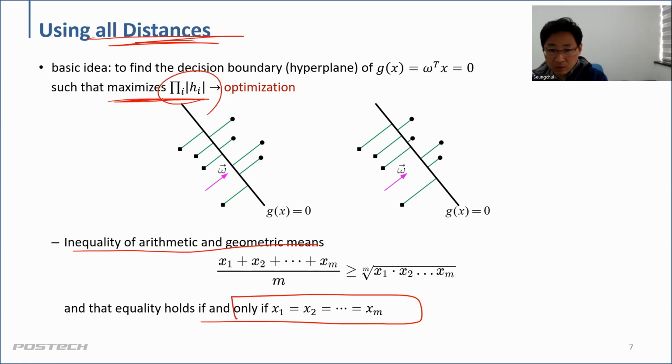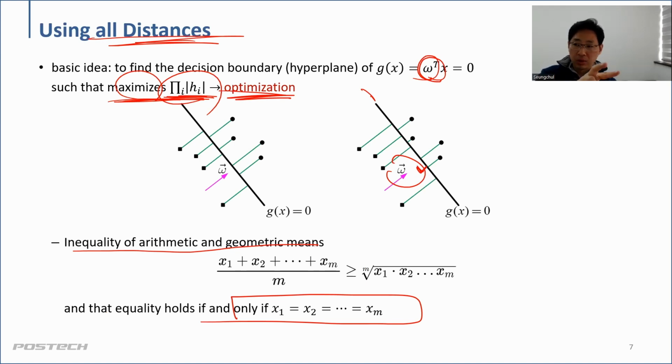We want to maximize the product of the absolute values of the distances. Again, it's an optimization problem, and the decision variable is omega. Omega is the same as the decision boundary because if omega is given, the boundary is orthogonal to it. We started from two data points, and now I've generalized it.